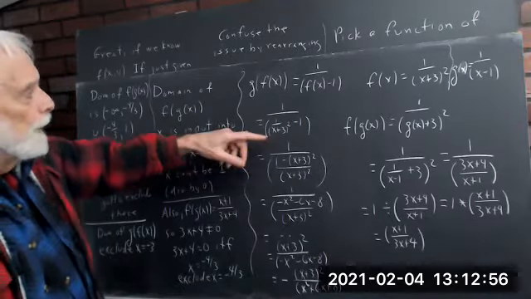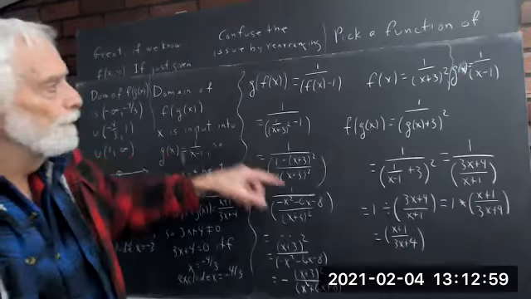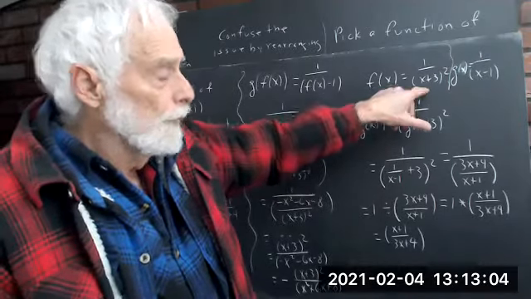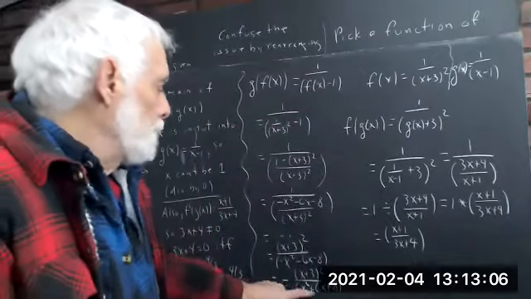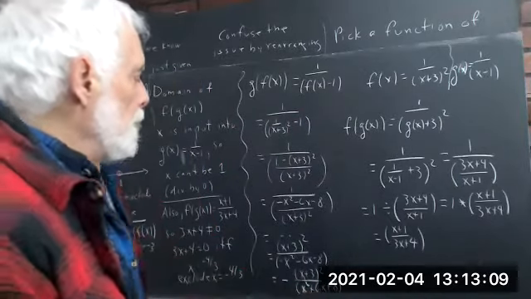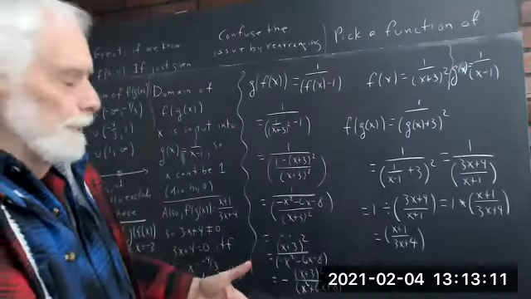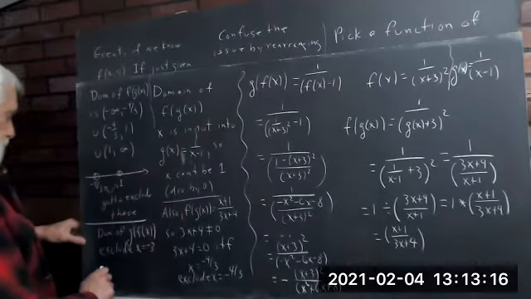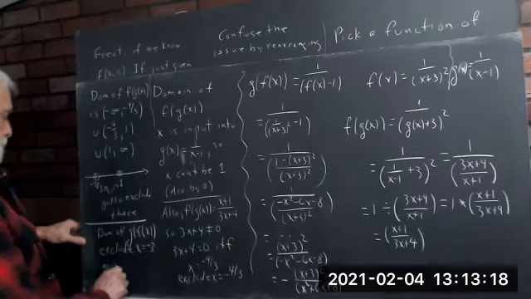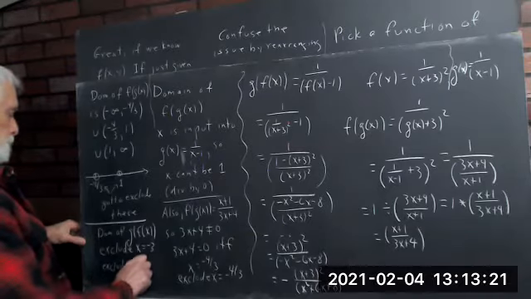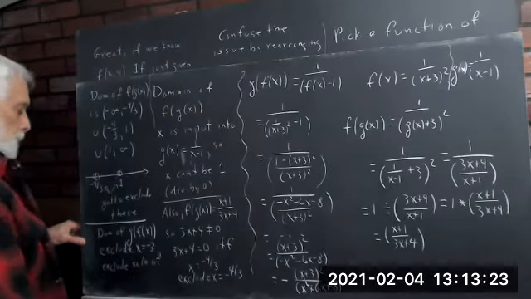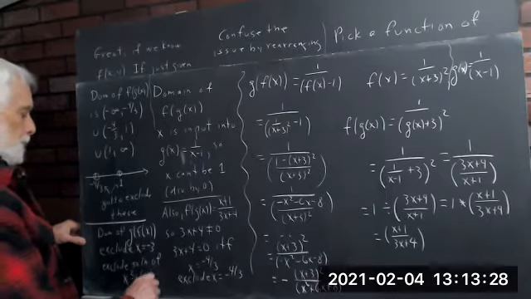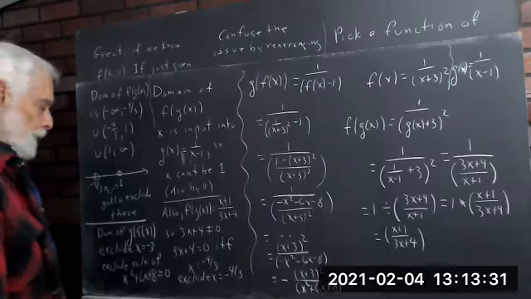You can't put negative 3 into this function because it's going to give you 0 in the denominator. And then you also can't put in the solutions of x squared plus 6x plus 8 equals 0. So we have to exclude solutions of x squared plus 6x plus 8 equals 0.